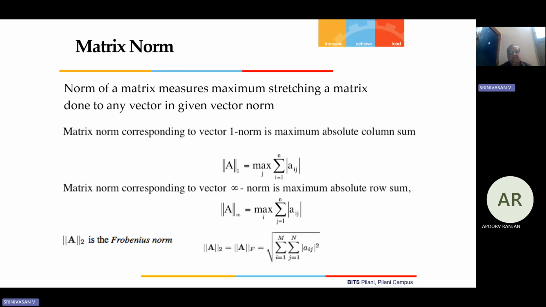He invented this norm and it is named after him, that's why it has the first letter f. So for the vector 2 norm, it is denoted by norm A suffix 2 or norm A suffix f. You have the square root of the double summation, i equal to 1 to m, j equal to 1 to n, of modulus Aij squared.